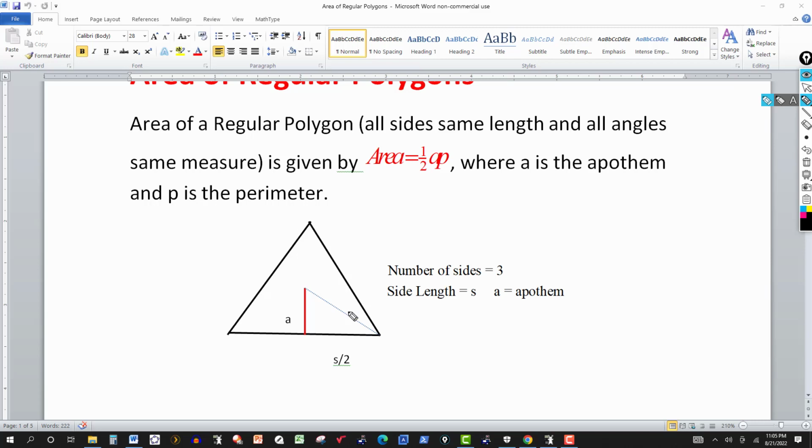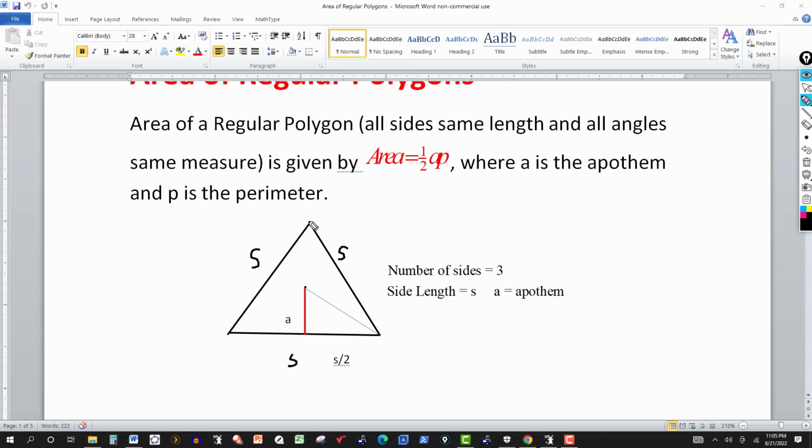All sides the same measure, so if I call this side S, this side is S, this side over here is S. Now this side right there, from the base of the apothem to this side, is S/2. So basically an apothem is a perpendicular drop from the center of the polygon, in this case right here.